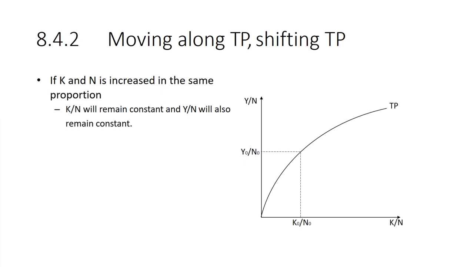This implies that if we were to change capital proportionally more than the change in labor, labor doesn't necessarily have to remain constant. But as long as there's more capital increase than labor increase, we'll see an increase in output per person. And the same with our second case where we looked at labor. If labor increases more than our increase in capital, you would see a reduction in output per person. If they both change proportionally, then you will see no change.